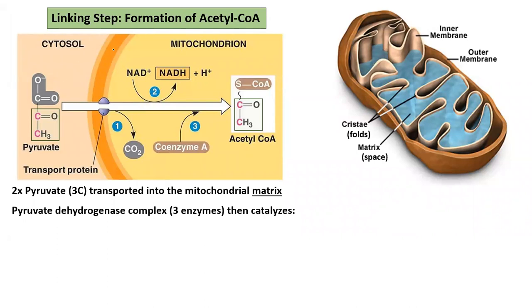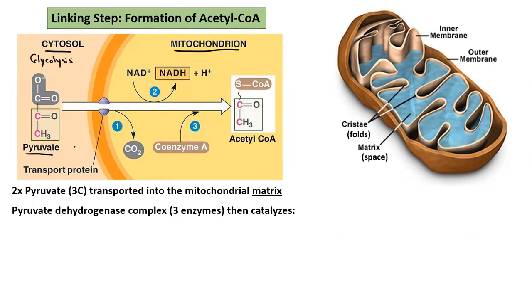Our next step, called the linking step, will allow us to transport pyruvate from the cytosol to the mitochondrion and convert pyruvate to acetyl-CoA. Now, in the cytosol, this is where glycolysis, the pathway of glycolysis, was taking place.